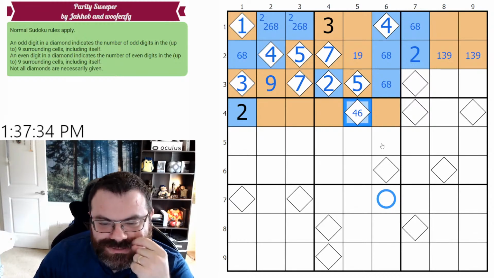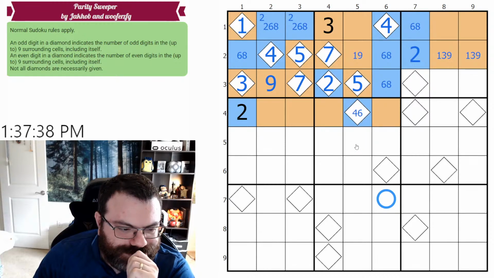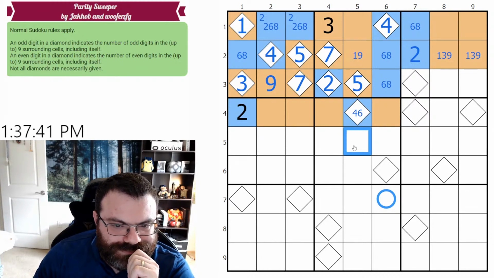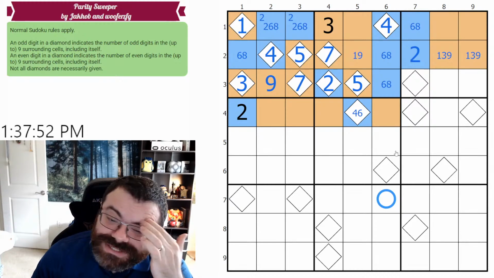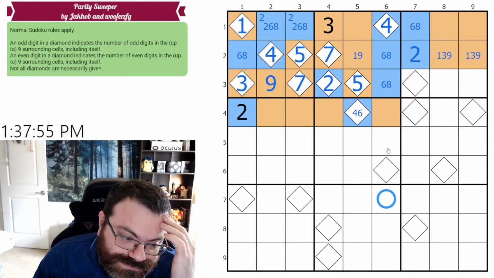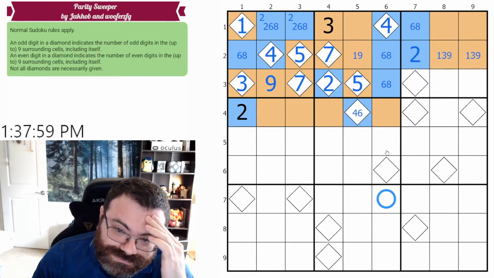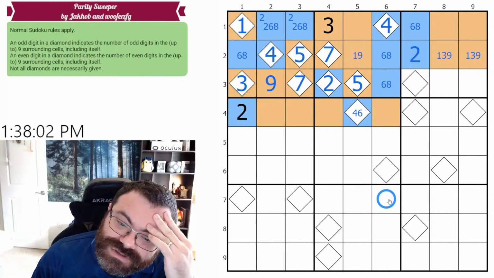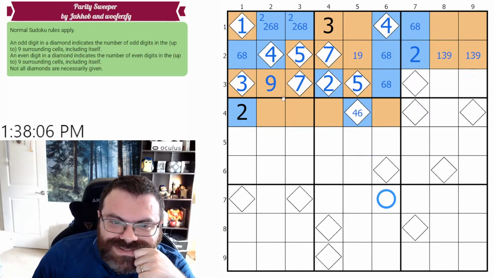That's a good reason. What did you bet, Zeta? Zeta bet 2. Okay, we gotta be careful then. So we know the bet cell is even and it's a 2. I'm kidding. Let's see.